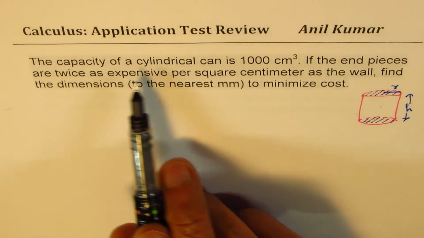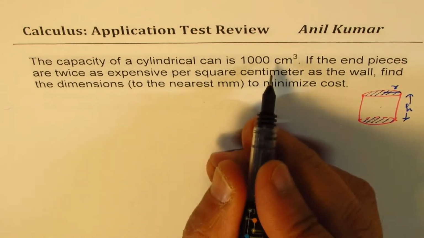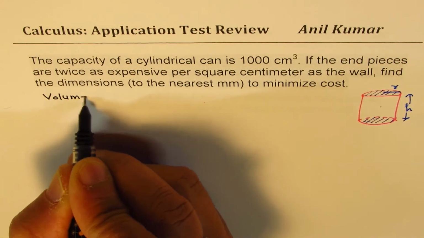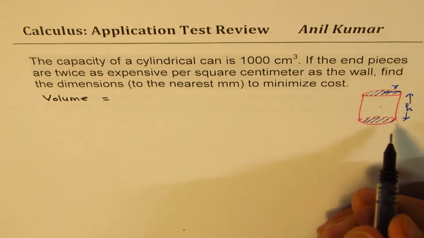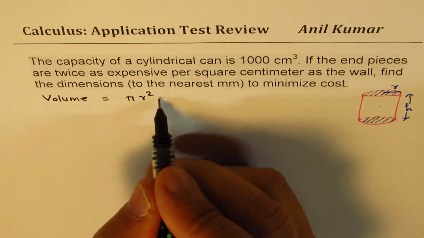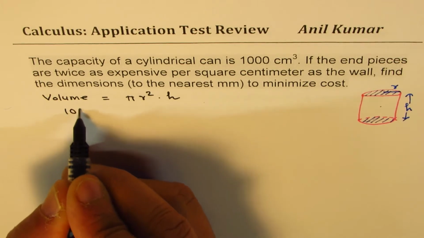Now let's look into the formulas. The capacity of a cylindrical can is 1000 centimeter cube. Now capacity means volume, correct? So we have volume equal to, what is the formula? Area of the base, which is pi r square times height. That is the volume. And volume is given to us as 1000.